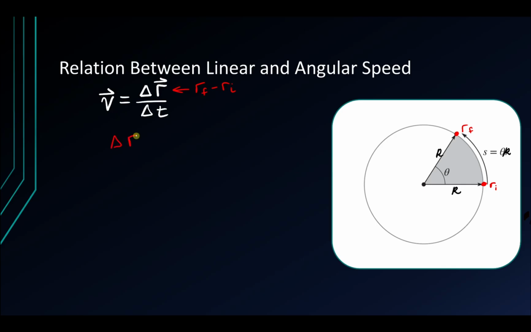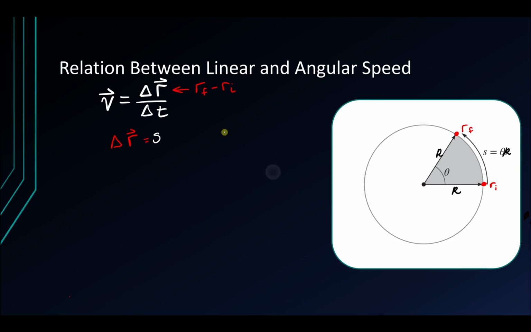This change in position can also be described by the arc length of this object's motion, right? These are two different descriptions of the same motion. And so I can use this relationship to find a commonality, a way to convert between linear and angular motion.